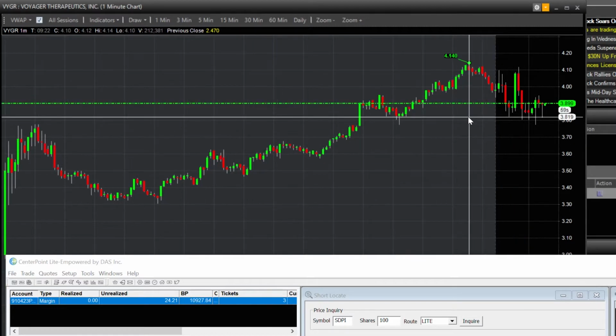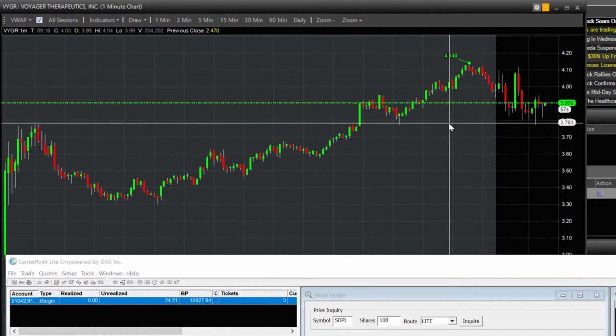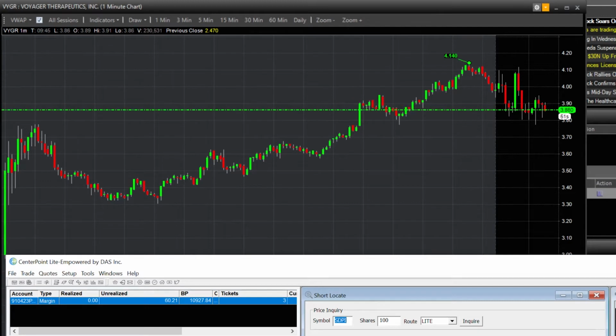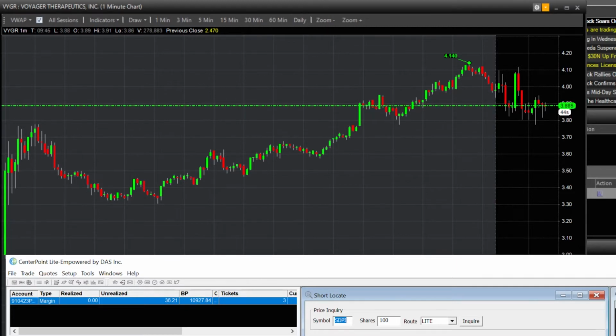And this float is very tricky, because actually I got these shares practically for free. It was $2. It was easy to borrow, so it was $2 for 100 shares.